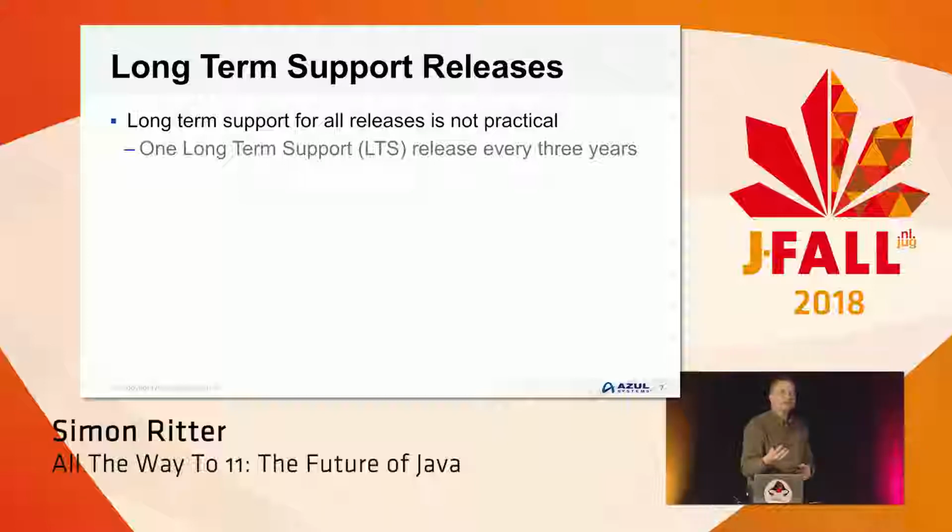What Oracle decided to do instead was to follow the example that's been set by people like Ubuntu. What you do is you say, okay, we'll select certain releases as being long-term support ones. That's not every release. We'll have, in the case of Java, 1 every 3 years. The ones in between will be feature releases. So they will have updates until the next version comes out, and then long-term support can be provided in a different way.